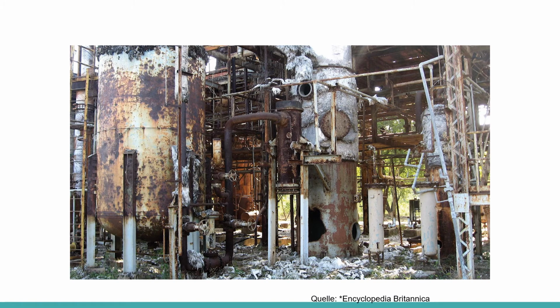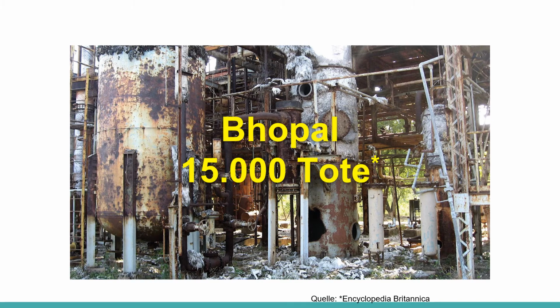Here again, a chemical site in Bhopal in India, and this chemical site did not run the right way and left 15,000 people dead. That is this number, by the way; if you go into the literature, it's quite difficult.